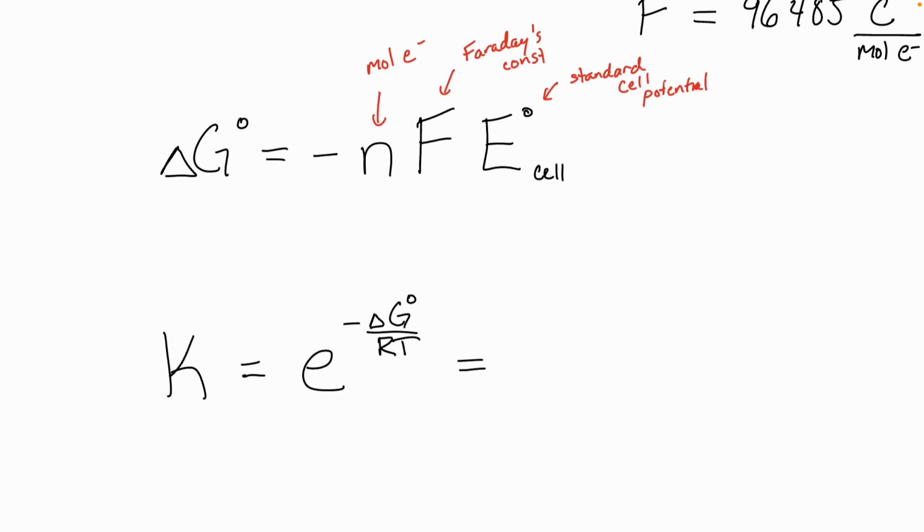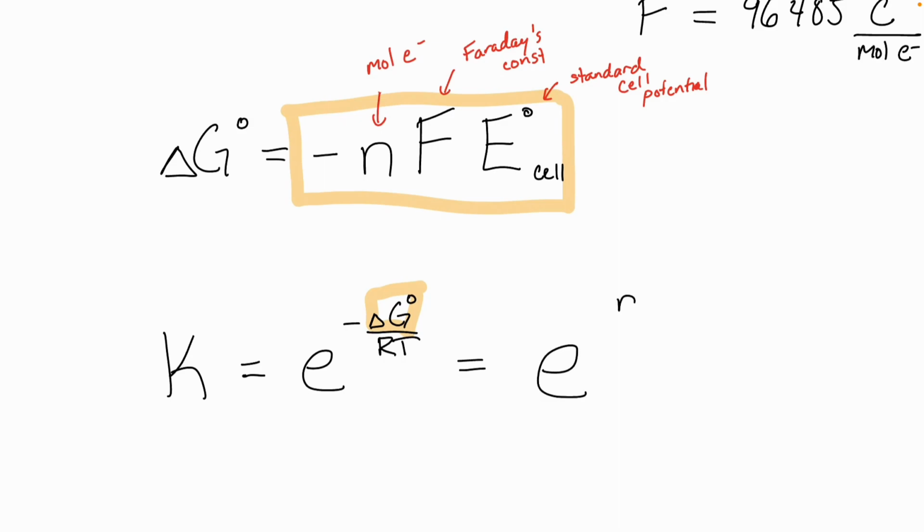All I'm going to do is substitute in negative nFE for that delta G in my equation. Those negative signs will cancel out, so I'll be left with nF E naught cell over RT gives me my equilibrium constant K.